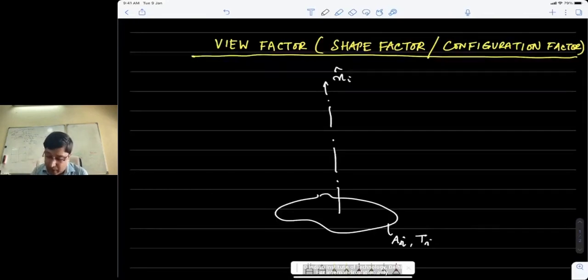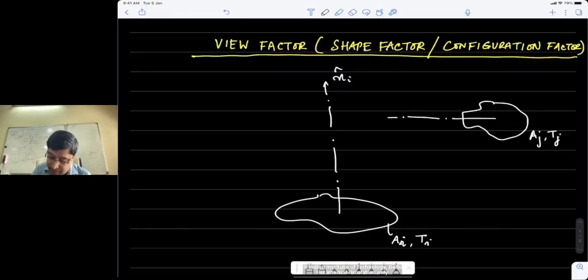And somewhere I also have another surface with which this surface can exchange radiation. So let's say there is another surface Aj with temperature Tj, whose normal vector is something like that.